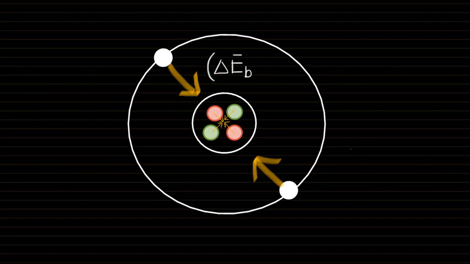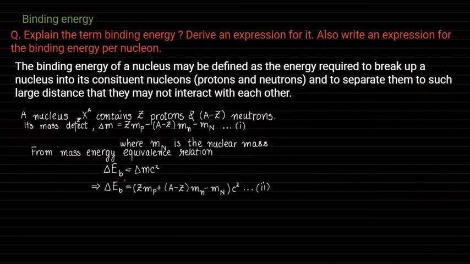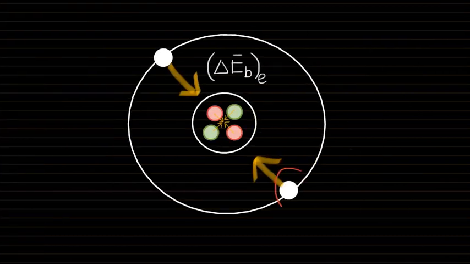This binding energy is for an electron which I have shown here. Clear? See, I'm not using the same notation. For the nucleons, I'm using only delta EB. But if I'm considering the electrons, I'm writing the binding energy for electrons.